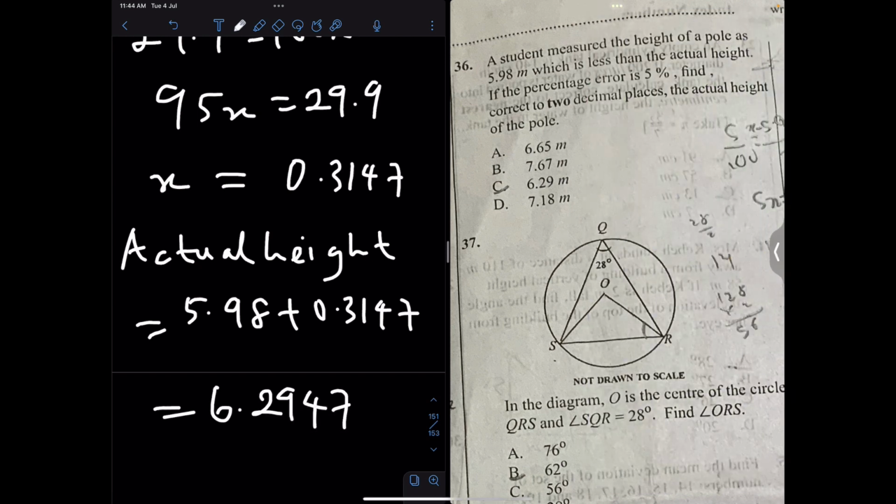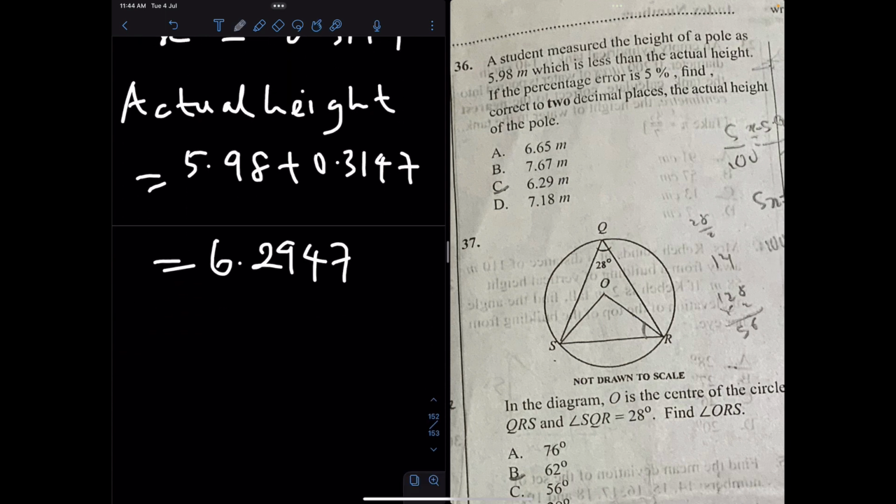The options are given correct to 2 decimal places. That simply means 6.29, and the correct option is C.